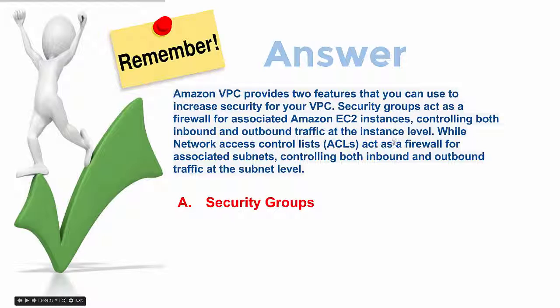There were security groups, which act as a firewall for associated Amazon EC2 instances, controlling both inbound and outbound traffic at the instance level, while network access control lists act as a firewall for associated subnets, controlling both inbound and outbound traffic at the subnet level. So they're both firewalls, but there are subtle differences between how they relate to your Amazon VPC.